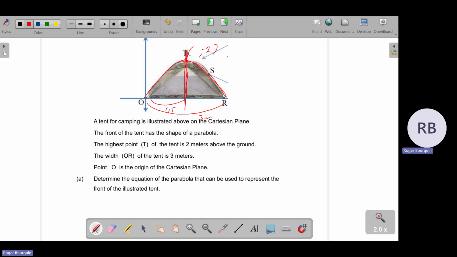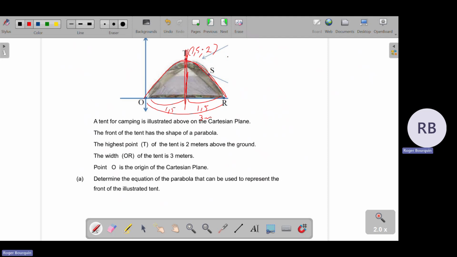That's also 1,5. So what must be the x coordinate of your turning point? It's 1,5. That's just by using symmetry. So your turning point is 1,5 and 2. Use symmetry and parabolas to help you. Does that make sense? That's kind of the hardest part of the sum, actually.